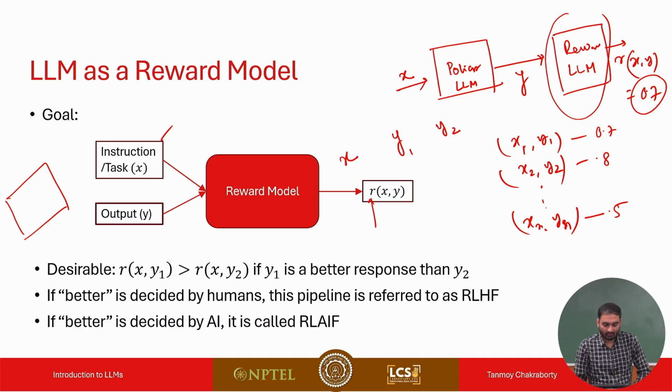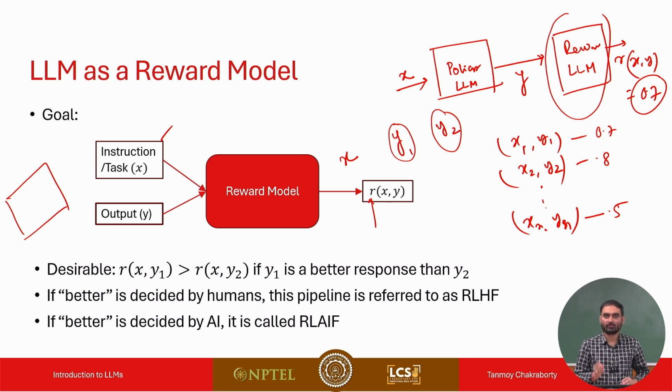Okay, let's say the prompt is: write a poem about the festivals in Delhi, right? The policy model generates Y1 as a response in one iteration and Y2 as a response in another iteration for the same prompt.